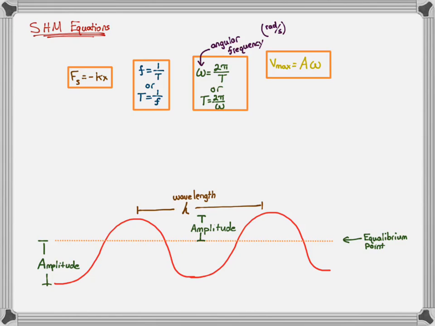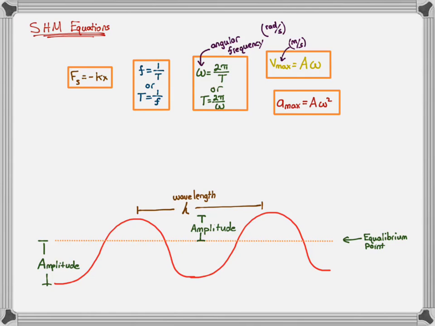One equation we have is also the max velocity. The max velocity of an object is equal to its angular frequency times its amplitude, and that max velocity is in meters per second. Now, the maximum acceleration can also be calculated by finding the amplitude times the angular frequency squared.